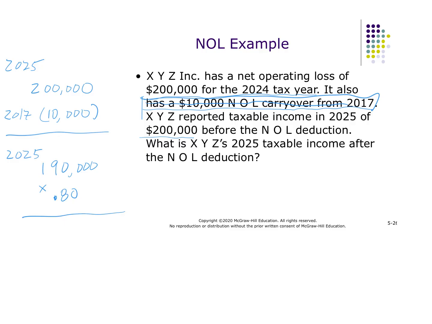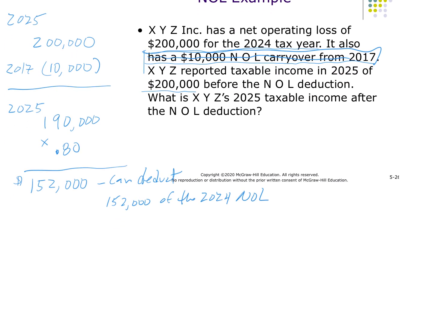So 80% of our 2025 taxable income is $152,000. So we can deduct $152,000 of the 2024 net operating loss. Okay.